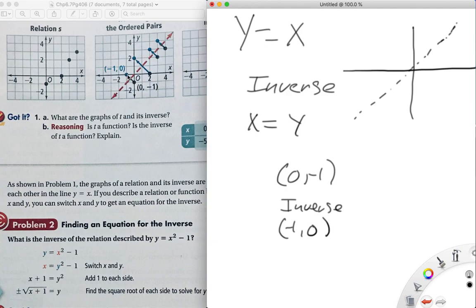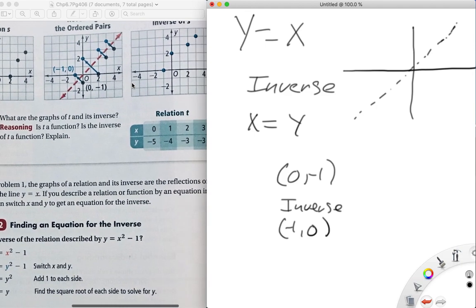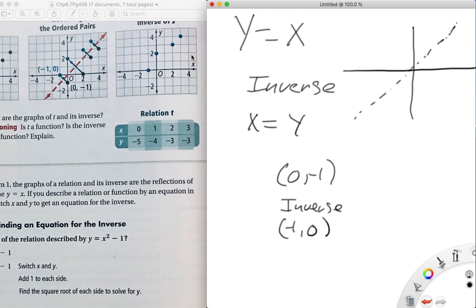And look, they're the same distance from y equals x. So when you have a set of inverse relations or inverse pairs or inverse functions, those guys are always going to be the same distance from y equals x. And then you get your inverse.